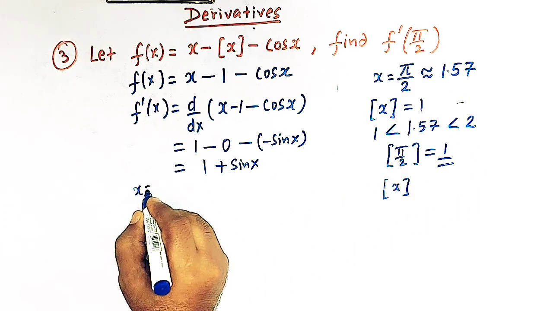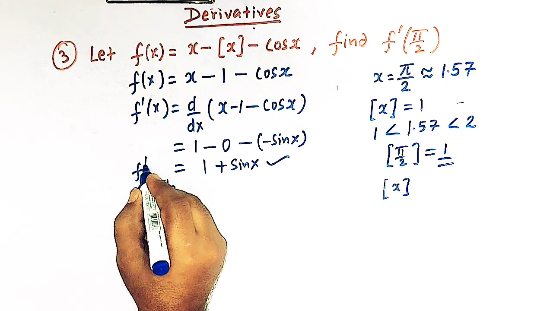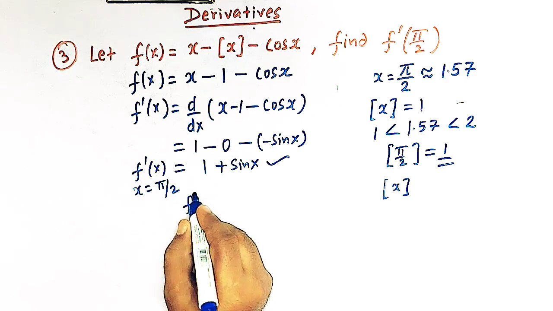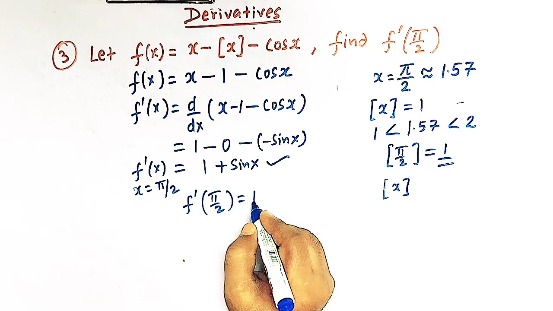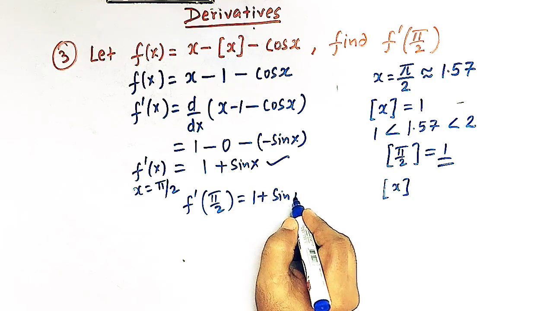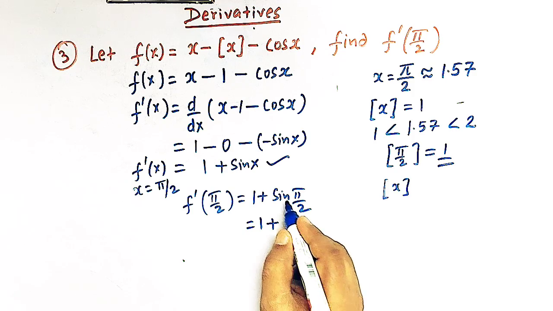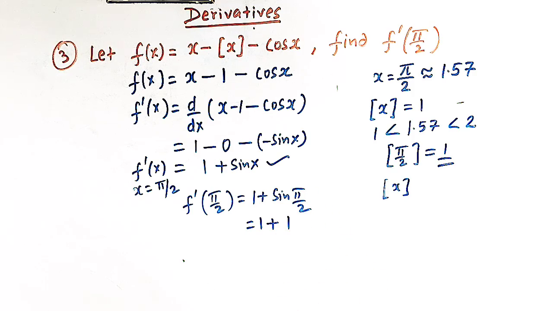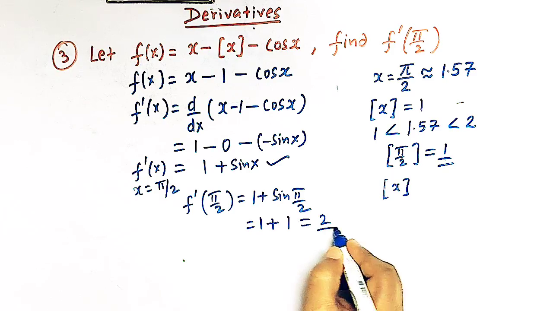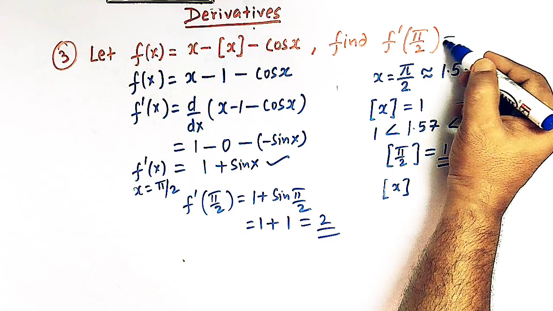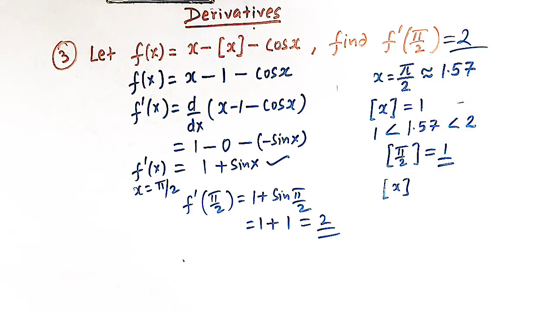So let us substitute x is equal to pi by 2 in this expression. So we have f prime of pi by 2 is equal to 1 plus sine pi by 2, and we have 1 plus 1 because sine 90 degrees is equal to 1. So we have 1 plus 1 is equal to 2. So the value of f prime of pi by 2 is equal to 2.